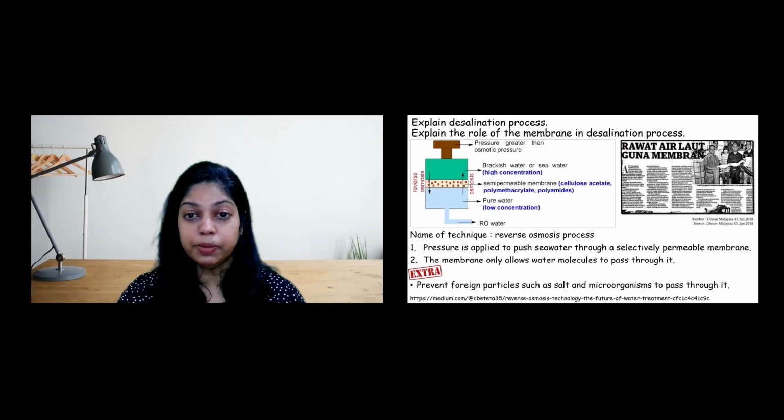The selectively permeable membrane allows water molecules to pass through it but prevents foreign particles such as salt and microorganisms. As a result, water is forced to move against the water potential gradient, from a region of lower water potential to a region of higher water potential, which is the reverse of the process of osmosis.